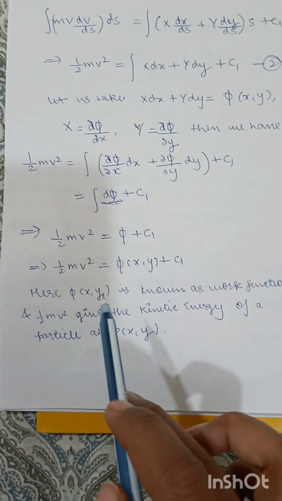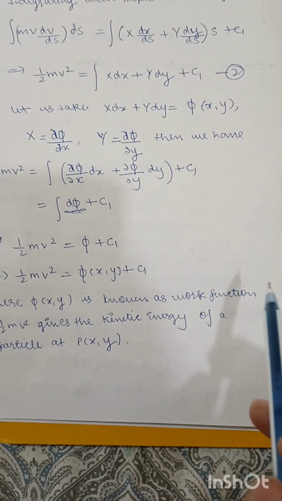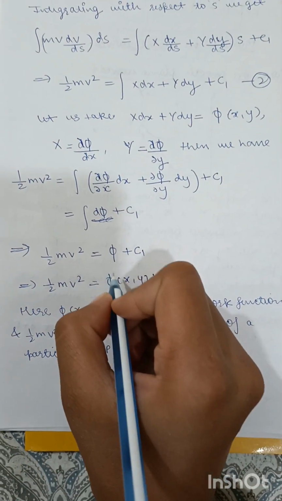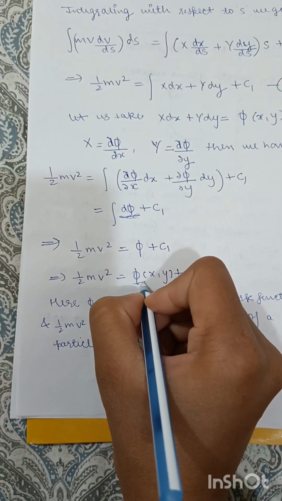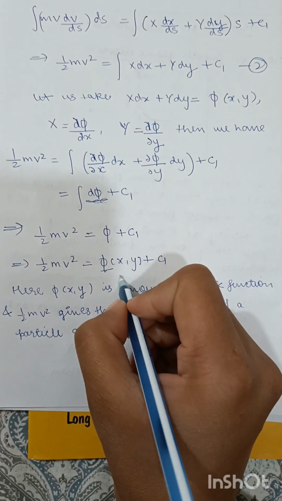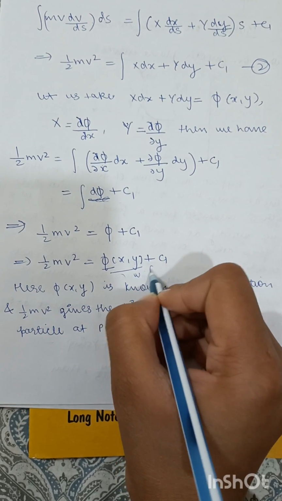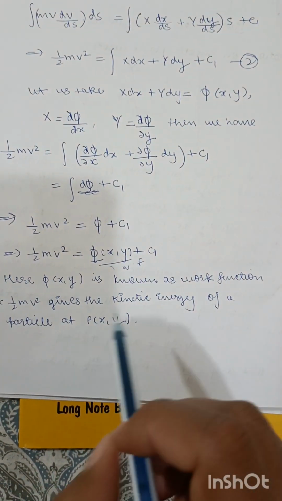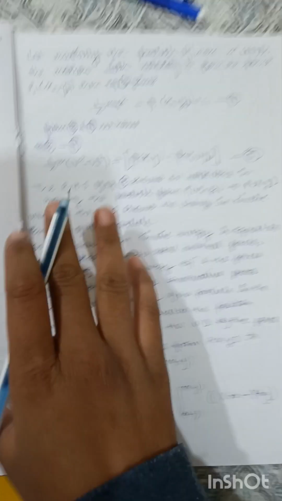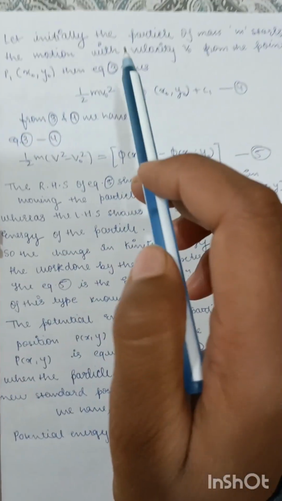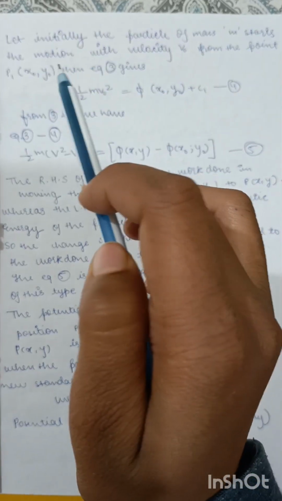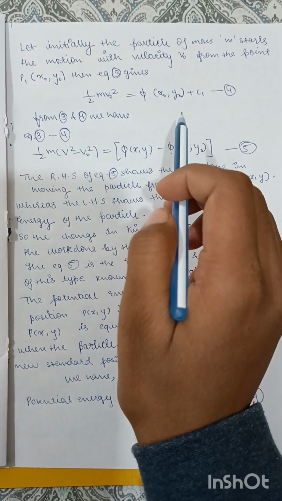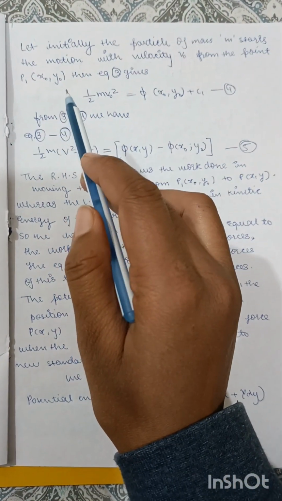Here psi(x, y) is known as the work function, and half mv square is known as the kinetic energy of the particle at P(x, y). Let initially the particle of mass m start the motion with a velocity v naught from a point P1(x naught, y naught).